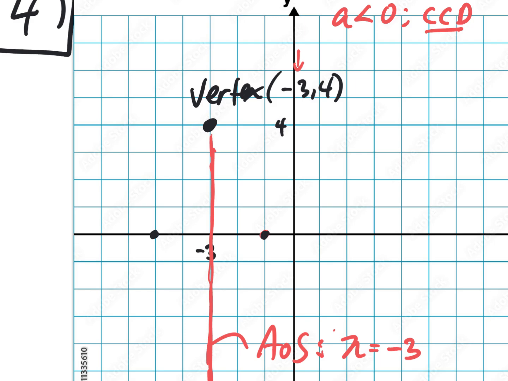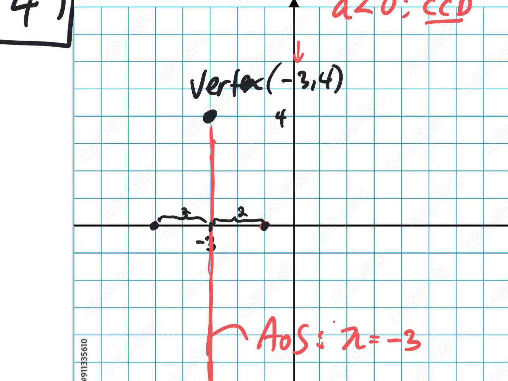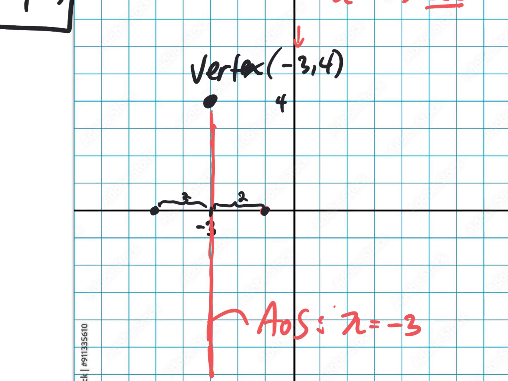If you count from the middle, how many units are there? There are 2 units, and from here to here again, that's 2 units. So our graph is correct. So now let's try graphing it. It's going to be like this. It's not really very accurate, but at least you know what we are doing here.